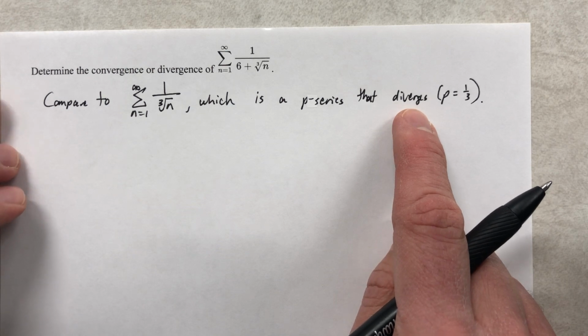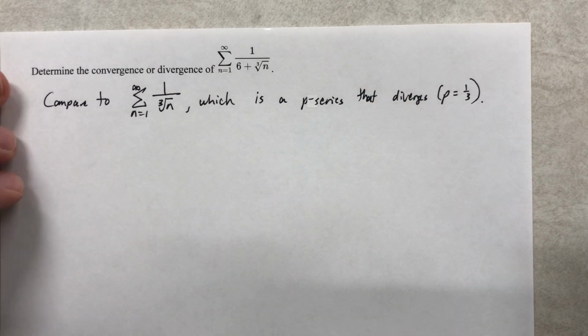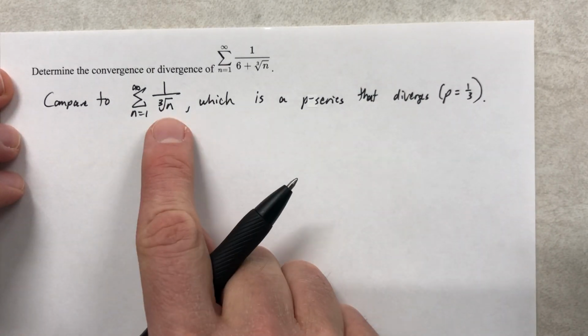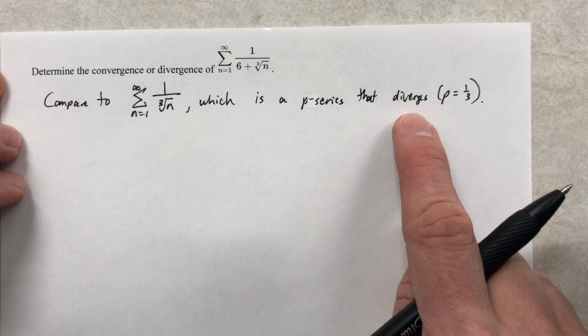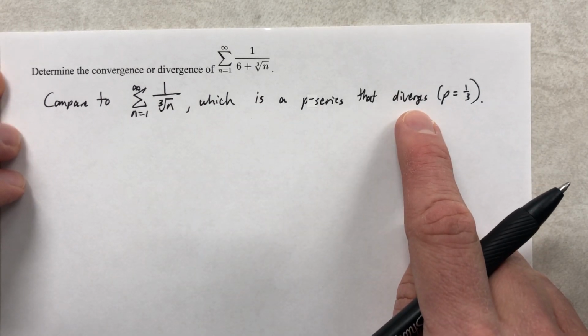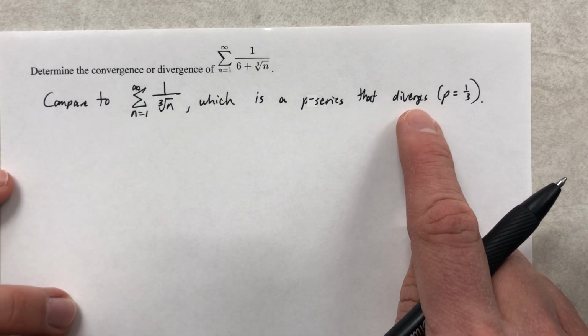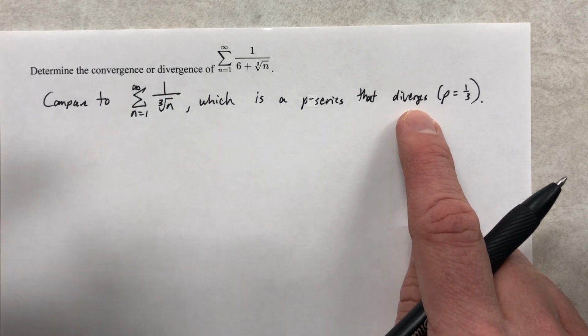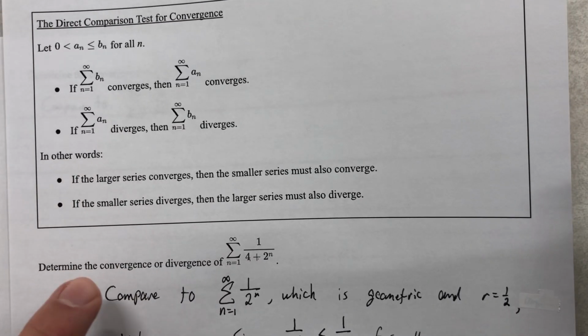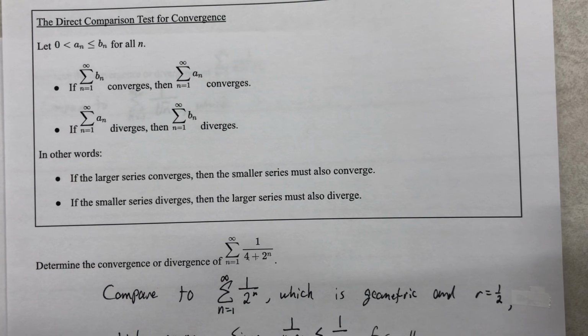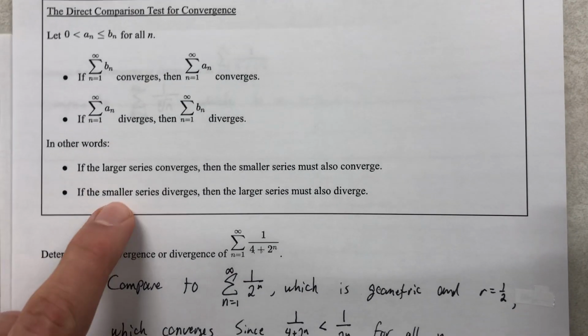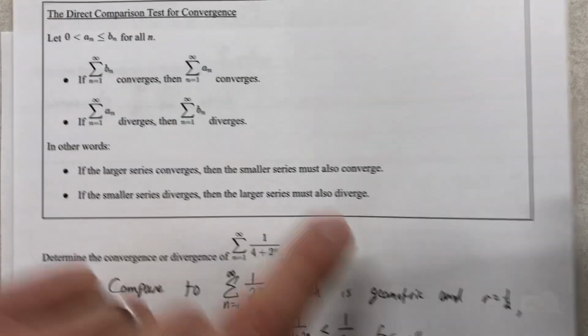If it doesn't, we have a problem. All right, let me try this again. Because we're going to compare it to this series, which is a p-series that diverges. Then in order to make any determination about it, well, we can't say anything about it converging, but if it's bigger than a divergent series, and let's go back to the first page of the notes. If it's larger than a divergent series, then it's also going to diverge. If the smaller one diverges, then the bigger one must also diverge.